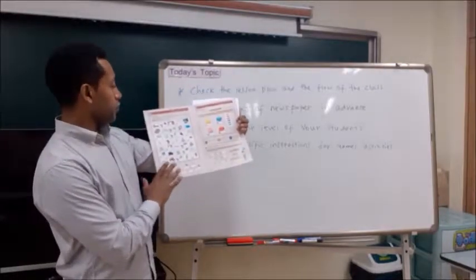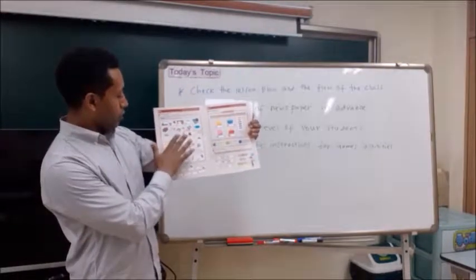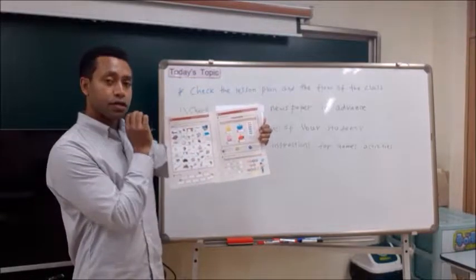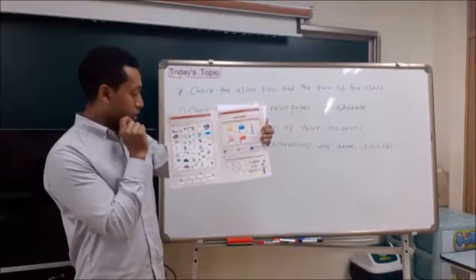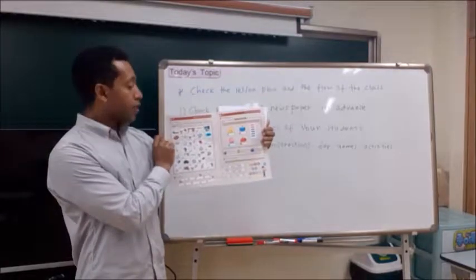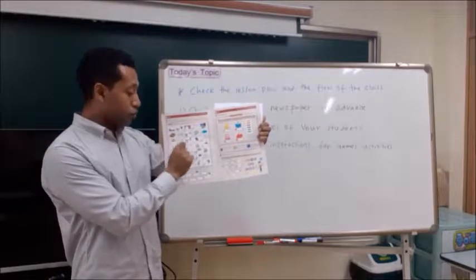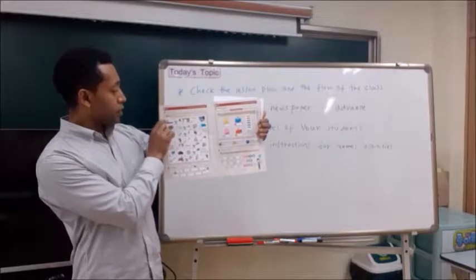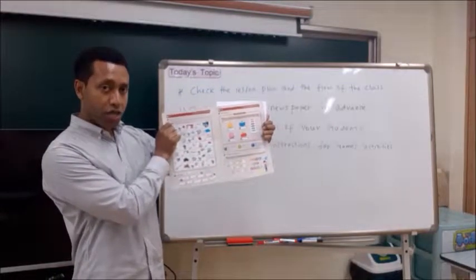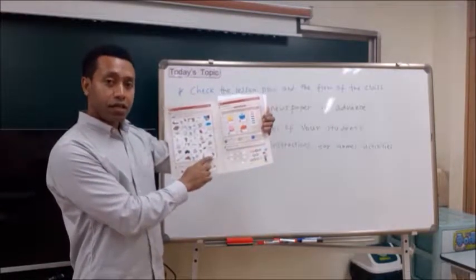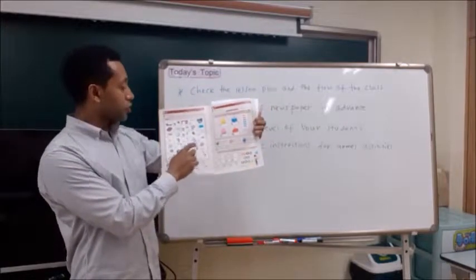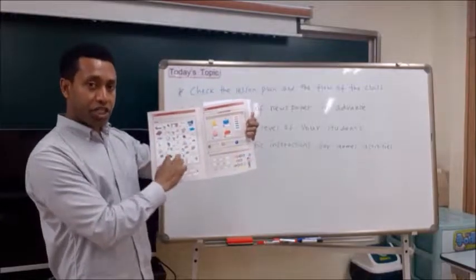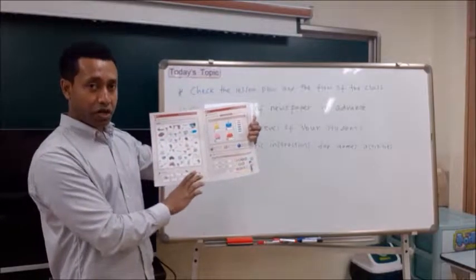On page 2, if you look at the game, basically there is no start point and finish point. So you can tell them where to start and how to go to the finish. For example, start from the first picture and finish at the last picture.